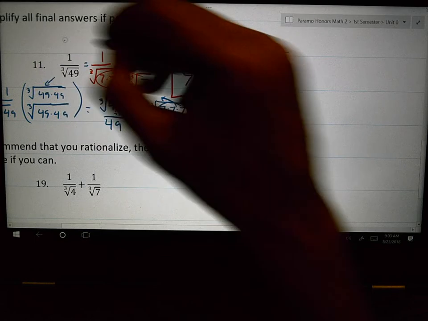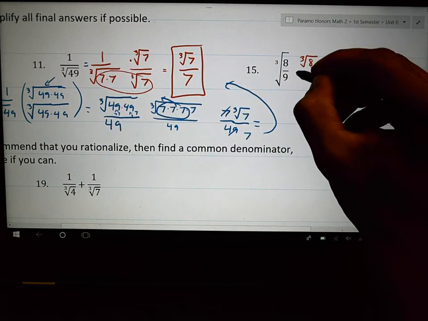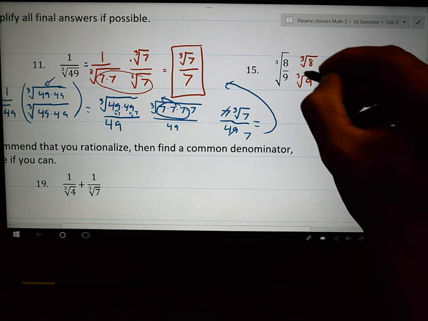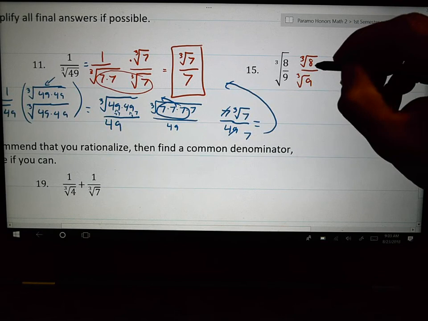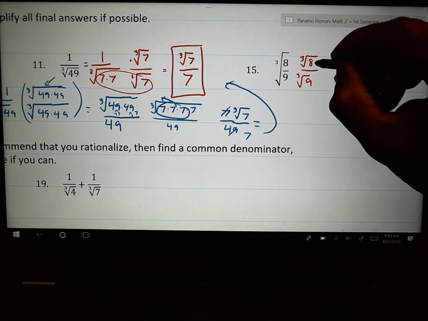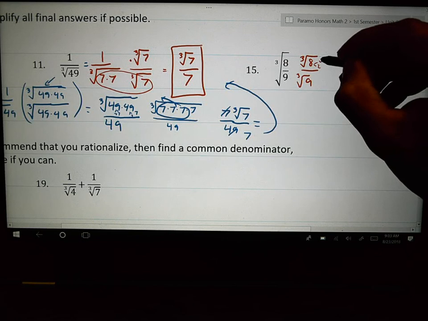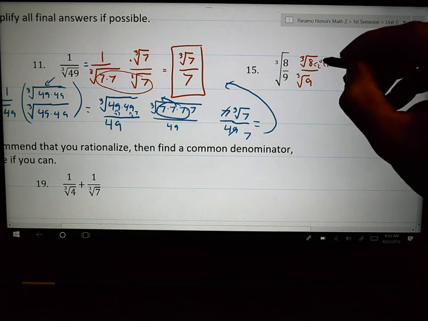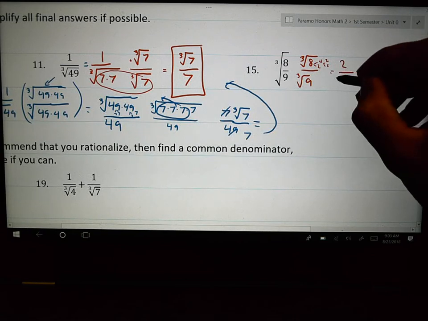What I would do first is I would have that third root over the 8 and then the third root over the 9, because 9 does not go into 8 evenly. It doesn't reduce. And I know that the third root of 8 is the same thing as 2 times 2 times 2. That breaks out, there's 3 of them. 2 over the third root of 3 times 3.